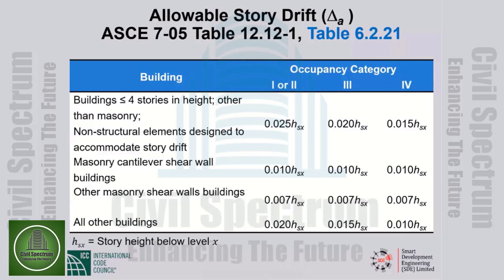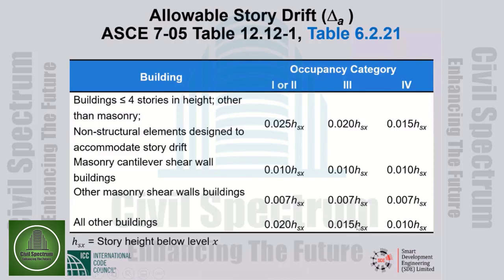And so there is a line for masonry cantilever shear wall buildings, other masonry shear wall buildings. Most of the time you'll be in this line, all other buildings. So for occupancy category 1 and 2 buildings, standard occupancy and miscellaneous occupancy, 2% of story height, as I said, is the limit on interstory drift.